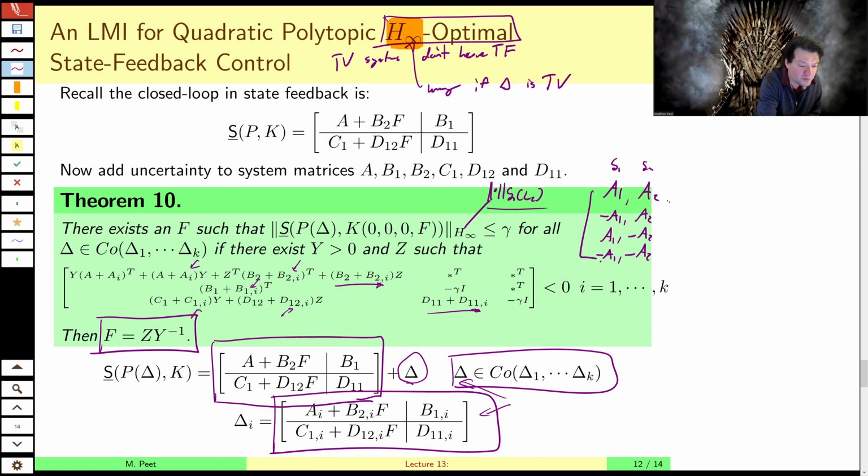So for the interval case, you would solve this LMI for every pair there.